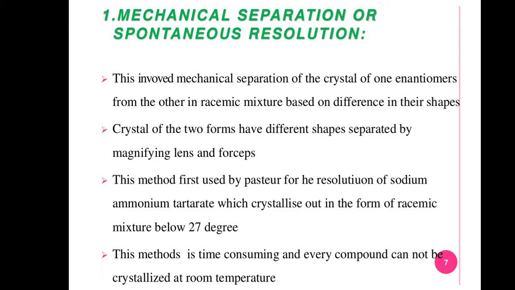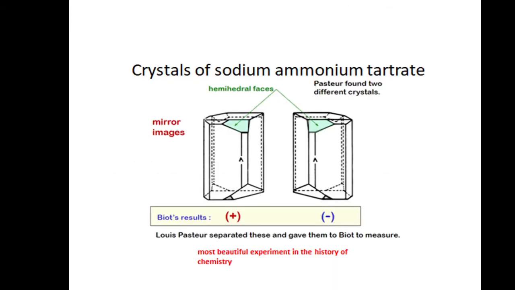This method was first used by Pasteur for the resolution of sodium ammonium tartrate, which crystallized out in the form of a racemic mixture below 27 degrees. This method is time consuming and every compound cannot be crystallized at room temperature.